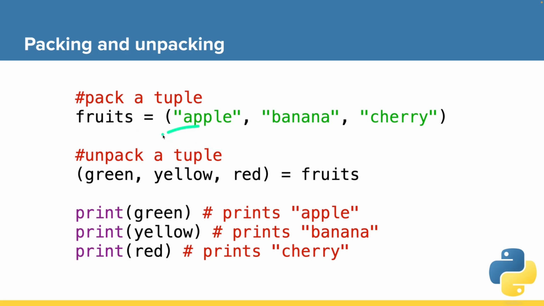So apple will now be the value of the green variable. Banana will be the value of the yellow variable. And cherry will be unpacked into the red variable. So if we print these, we'll see that that's the case. Print our green variable, which is apple, yellow variable is banana, and red variable is cherry.